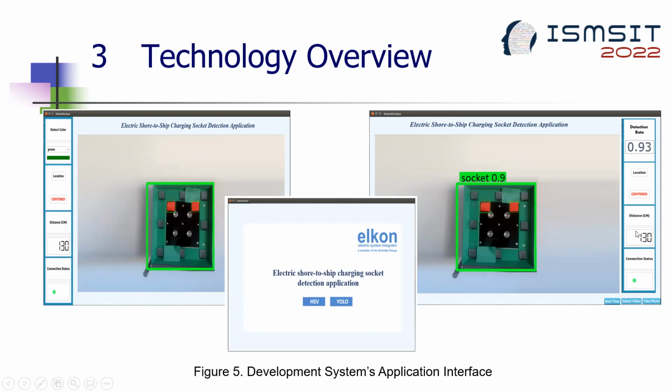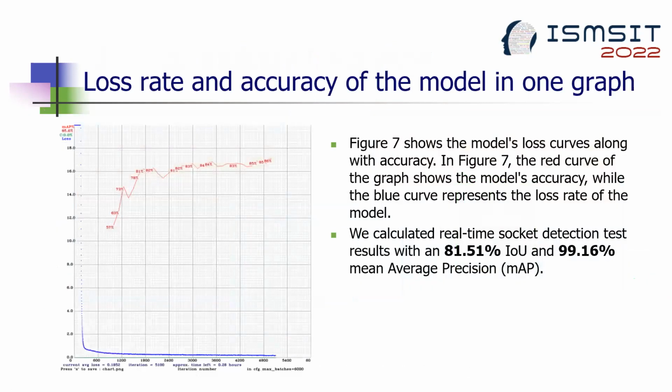The system calculated the distance of the female charging object from the image. It's calculated, and after that, Figure 7 shows the model's loss curves along with accuracy.